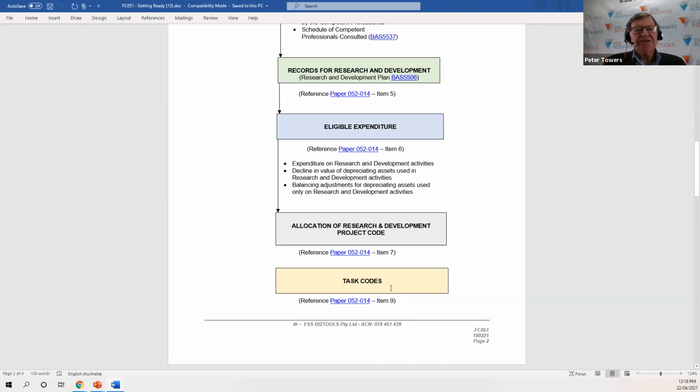The task codes are very important because it's part of the corporate responsibility to the tax office and Oz industry for the company to be able to clearly articulate what's been done in these research and development activities. Remember, this is a process of self-assessment. So the client needs to get it right.